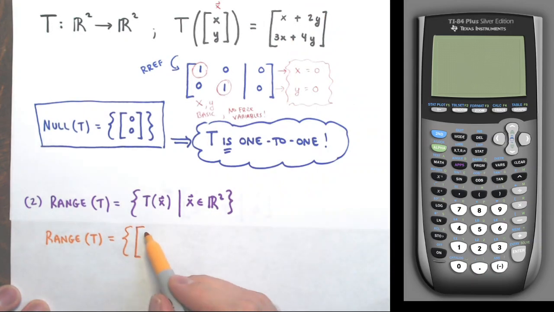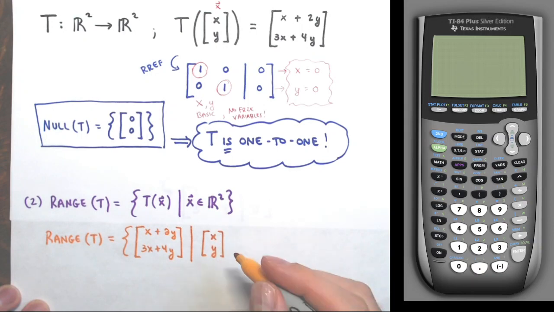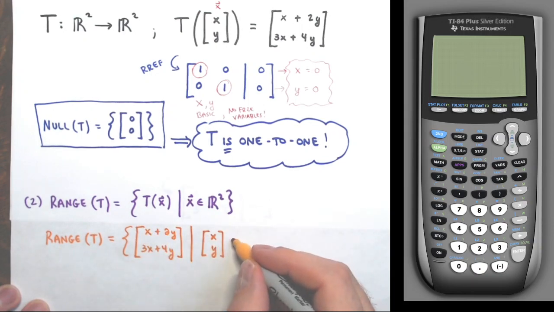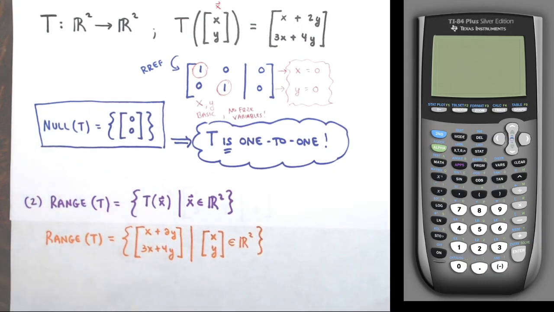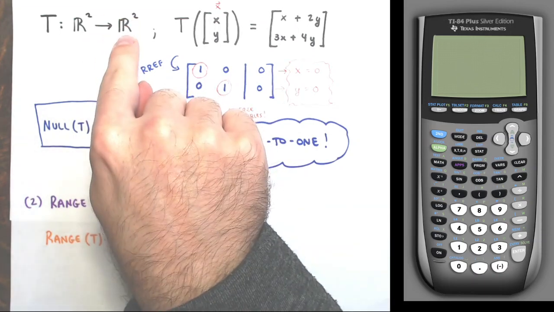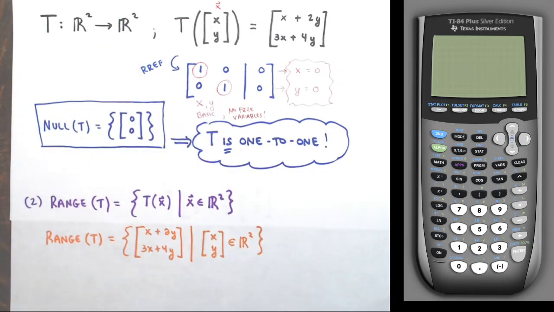So I write it this way, as all the vectors that look like my output have that form, as long as this x and y that I'm seeing in here are coming from the reals, as long as a vector with those 2 components is coming from the domain. Now this is all well and good, but the question becomes, is this equal to the codomain? Is this equal to R2? Well, let's see.